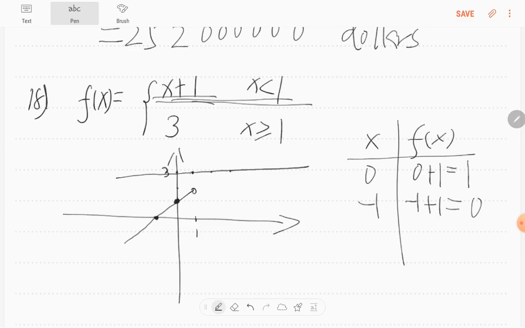However, because x less than 1 is given by the other branch, we have no this part. So this would be your graph. We need to erase the other side.